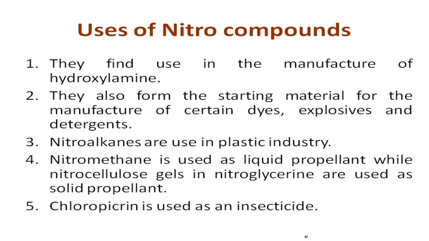Uses of nitro compounds. They find use in the manufacture of hydroxylamine. Then number 2, nitro compounds are starting materials for dyes, explosives and detergents. Number 3, nitroalkanes are used in the plastic industry.